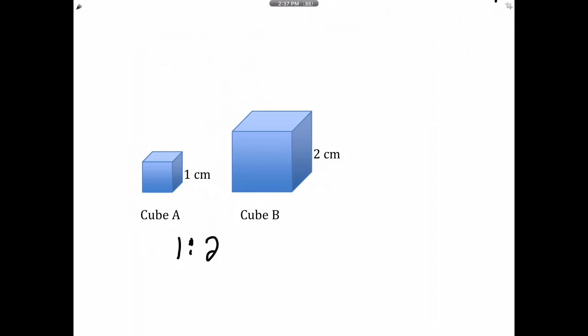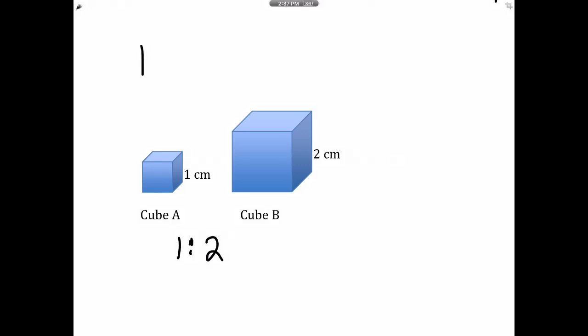Now, let's say we change that to area. We actually do the scale factor of the area of cube A and cube B. So for area, we would do a length by a length, or a side by a side.